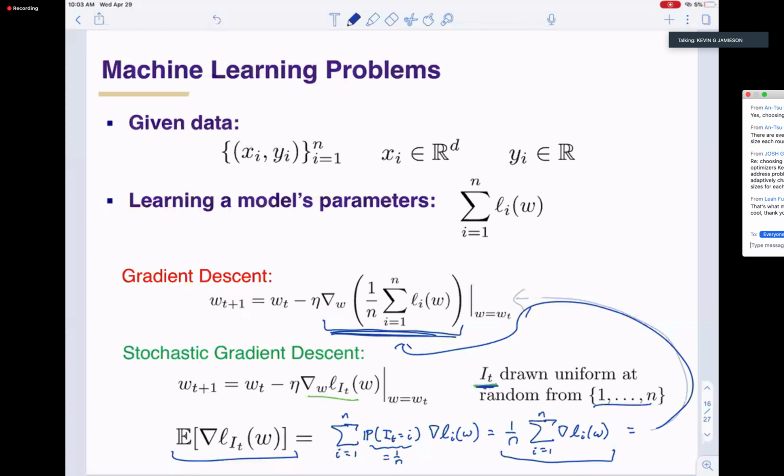Whereas with the stochastic gradient, I'm just sampling some point uniformly at random from 1 to n, taking its gradient, and then doing the update. So it's an order 1 operation. It's much, much more efficient, takes order n less computation.